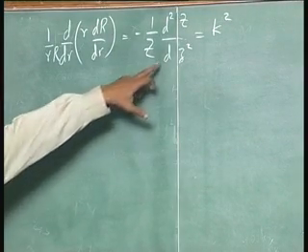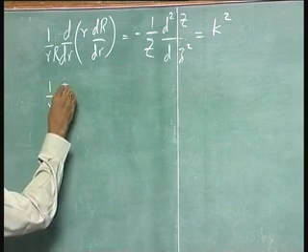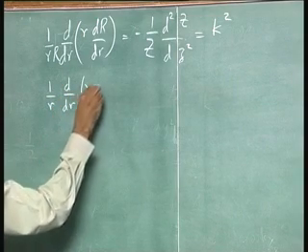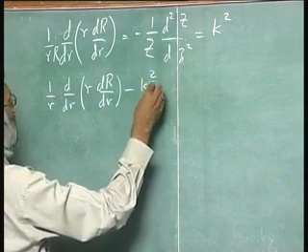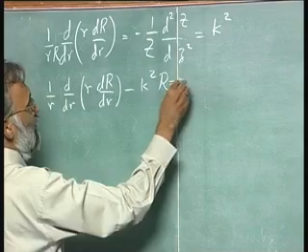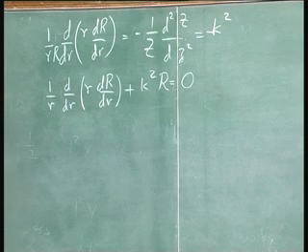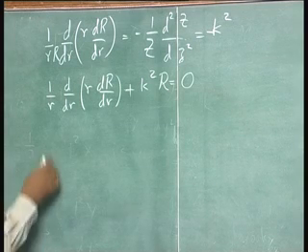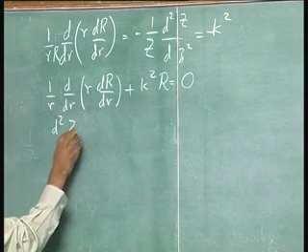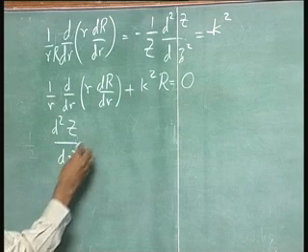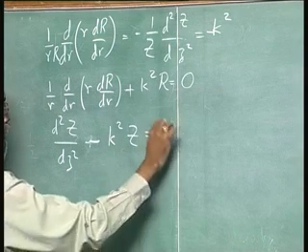So, I can make this into two separate equations. One equation says 1 over r d dr of r d capital R dr plus k squared R equals 0, and the other equation is d squared capital Z d small z squared minus k squared capital Z is equal to 0.